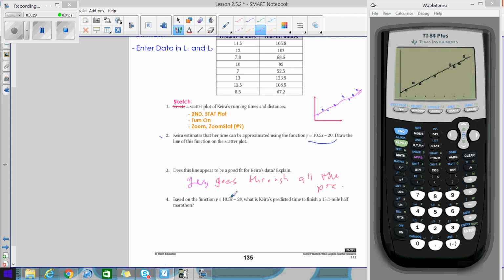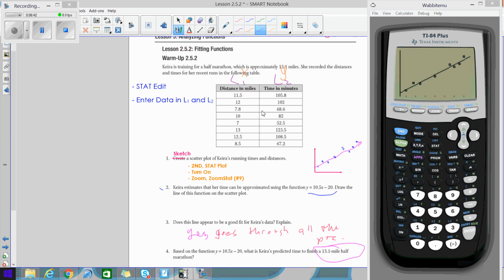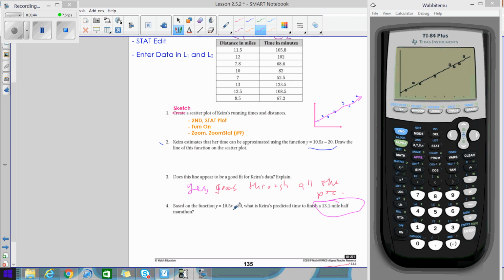So now it says, based on the function y equals this, what's Kara's predicted time to finish the 13.1 mile half marathon? Well, this 13.1, oh, sorry, this is your miles, and that's your x value. So we're going to put 13.1 in here, and we're going to calculate. So we're going to go 10.5 times 13.1 minus 20, and you're just going to calculate that in your calculator.